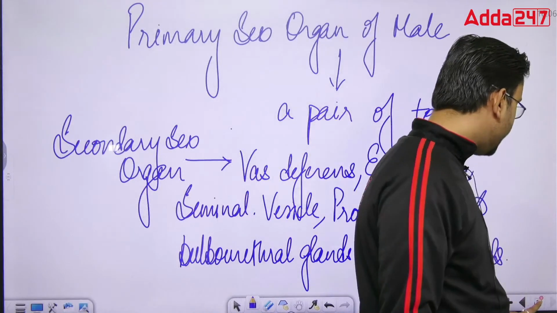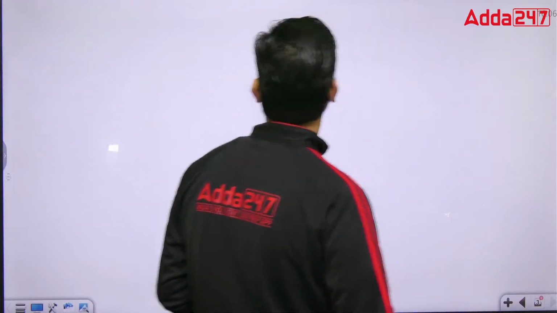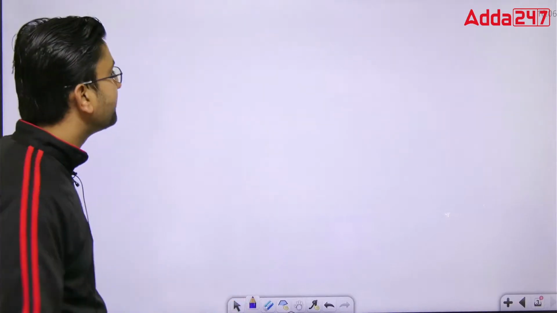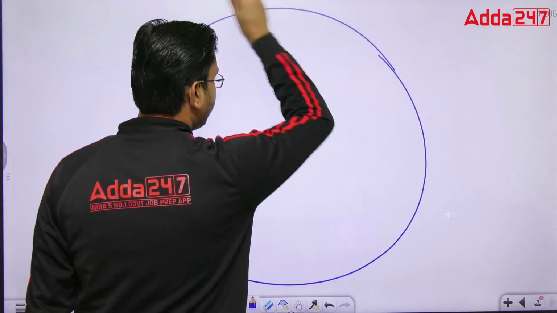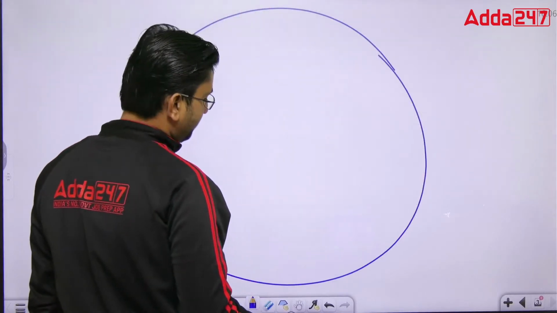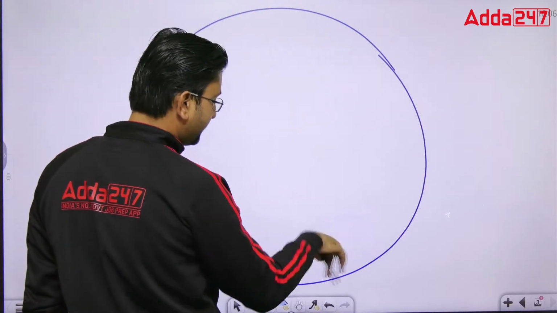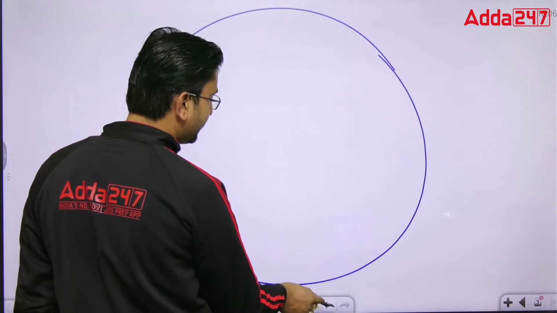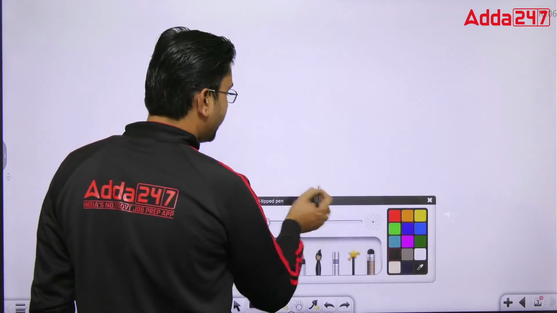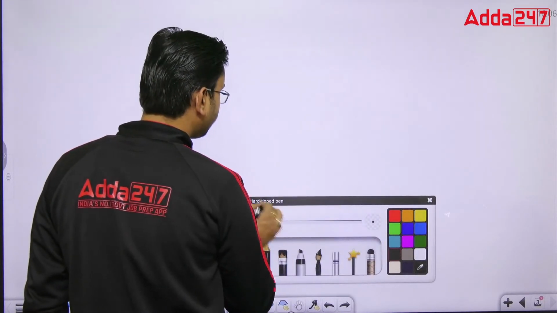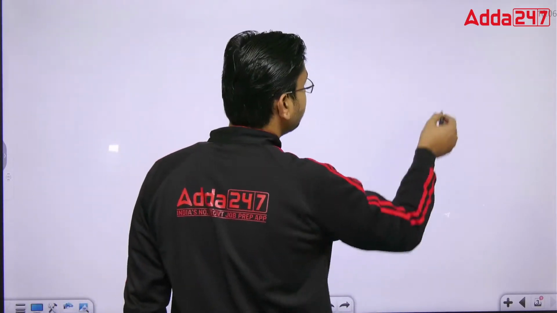Now, where does this gamete get formed? If I take the structure of a testicular lobule, it looks like this. But before that, I'll try to give you an annotation of a testis first.